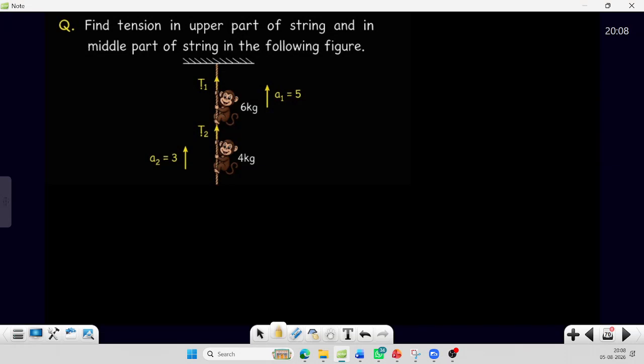Find the tension in the upper part of the string and in the middle part of the string in the following figure. Here we have two monkeys.